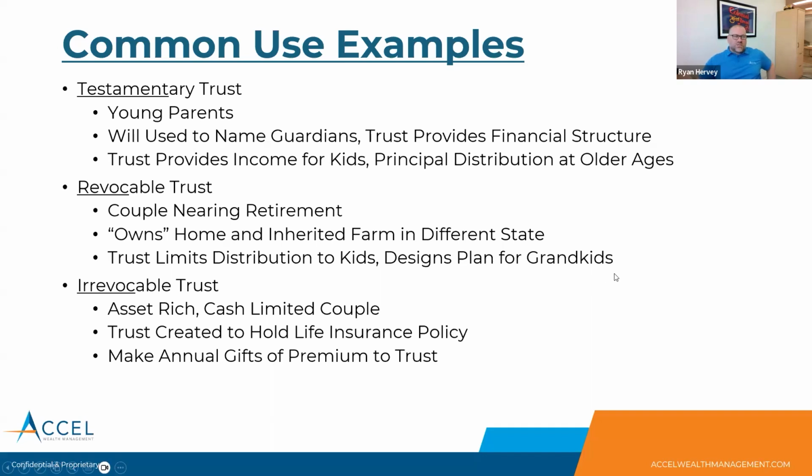The revocable trust starts to apply better to people that are nearing retirement that aren't going to be moving around as much, largely because of the paperwork you have to do in order for a trust to function properly. So that's a couple that doesn't have a lot of transactions. They're not buying and adding properties. They're not moving around a lot. They transfer the house they live in to a revocable trust.